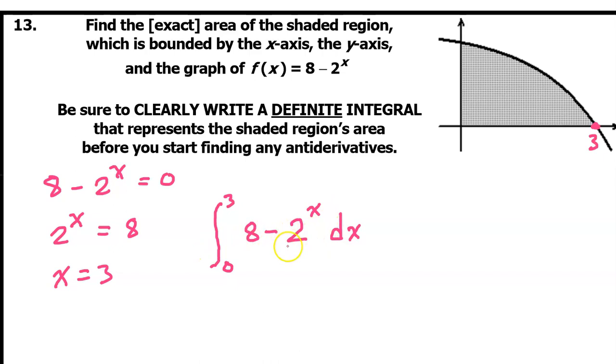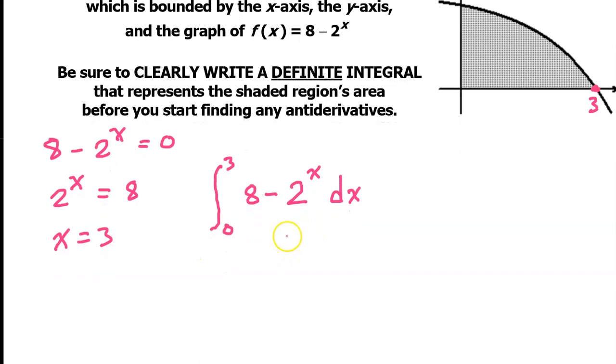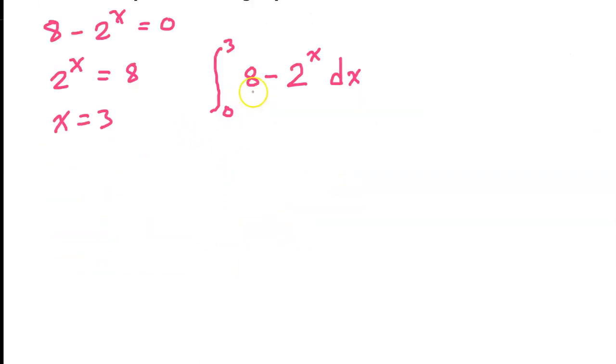Let's take the antiderivative term by term. The antiderivative of 8 is 8x. And here comes a memorized rule. The antiderivative of 2 to the x is 2 to the x, but then you have to divide by the natural log of 2.